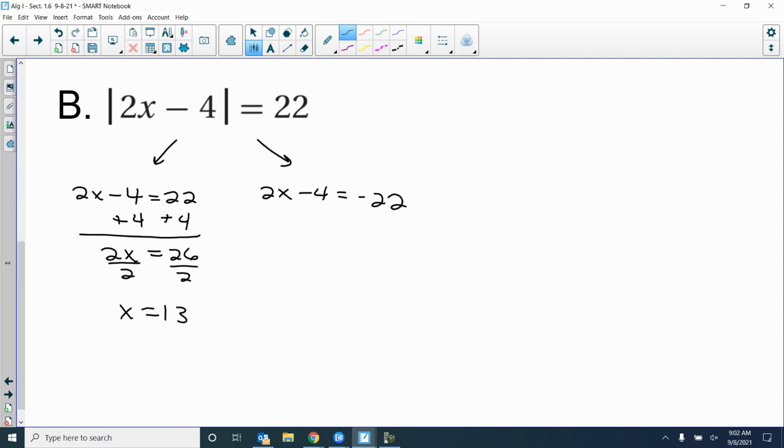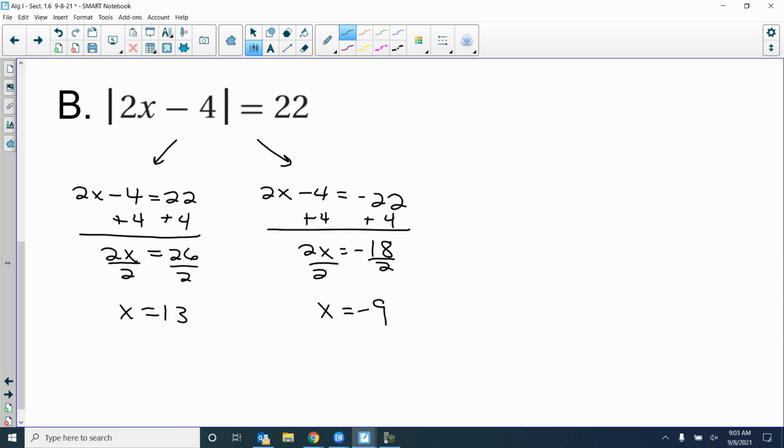All right, second one here. Now don't forget, we made this a negative 22. So when I add 4, I get 2x equals negative 18. Divide by 2, and I get x equals negative 9.